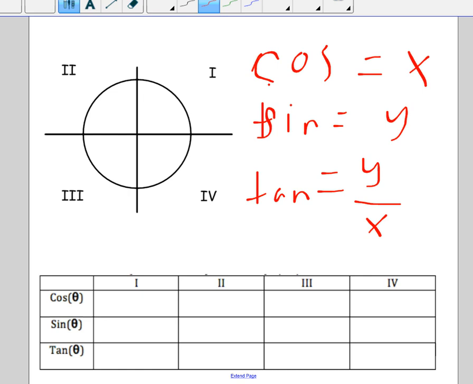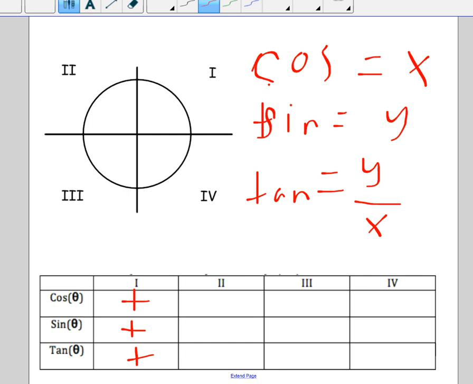If we are in quadrant 1, are the x values positive or negative? They're positive, so cosine is positive. In quadrant 1, y is positive, so sine will be positive. And tangent is y over x, a positive divided by a positive, so tangent will also be positive in quadrant 1.